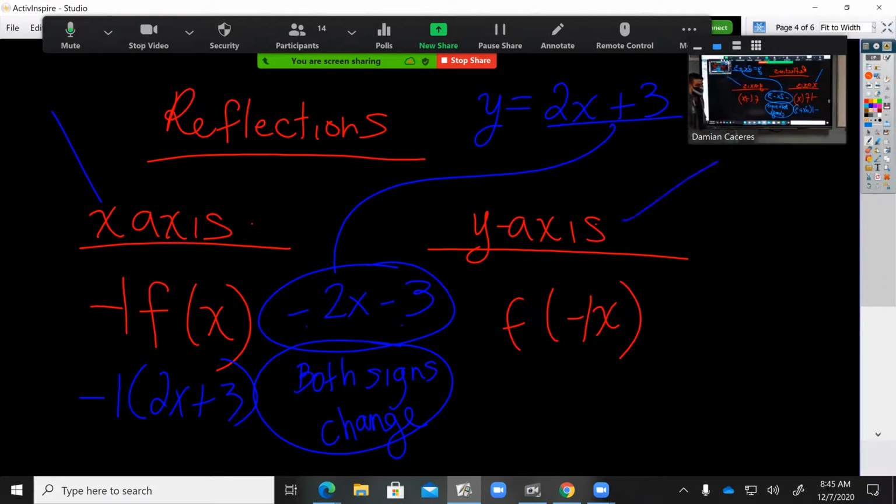Okay, negative, negative, positive, positive, both signs change. But now on a y-axis reflection, only the x value gets multiplied by negative 1. So that'd be negative 1 times 2x, and you bring down your plus 3.